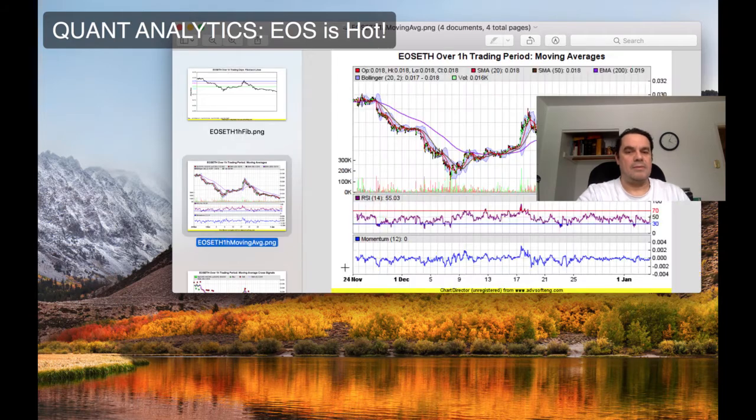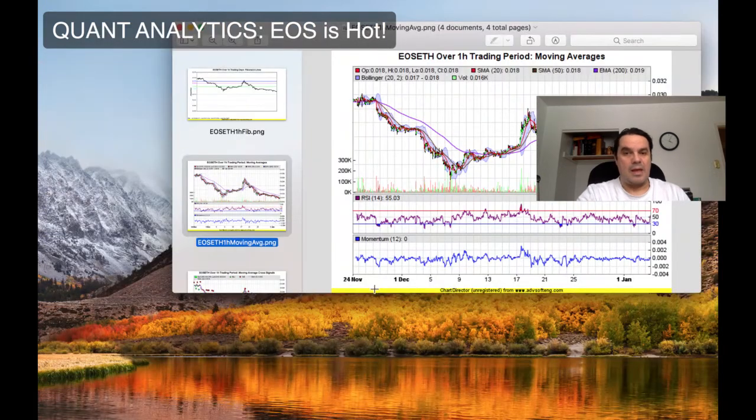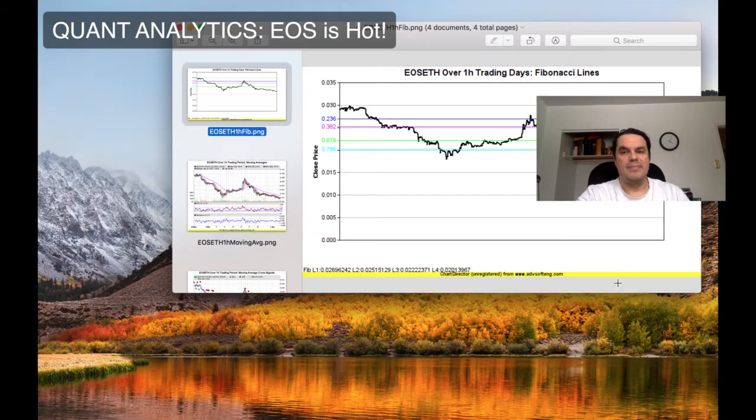Now here we can see the historical trend that it's been going down, but as I said, when you see these kind of moves intraday, those should excite you. So what do we look for here? First is the buy signal.